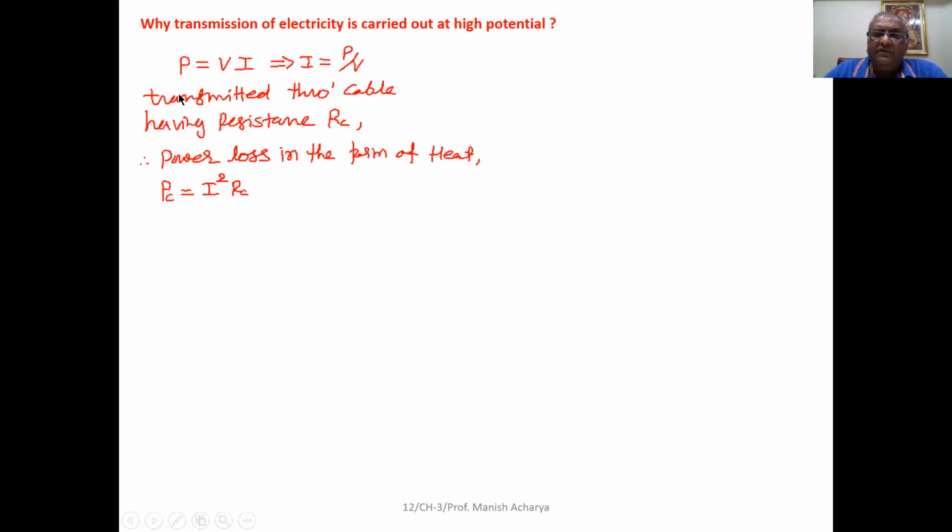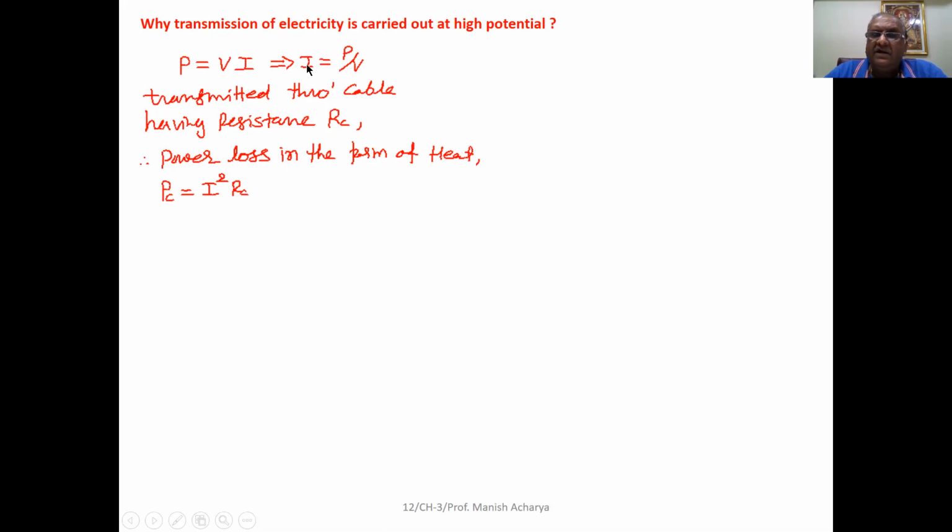Now, if this particular power is transmitted through a cable with resistance equal to RC, then the power loss in the form of heat, the power loss in cable PC, is equal to I square RC.